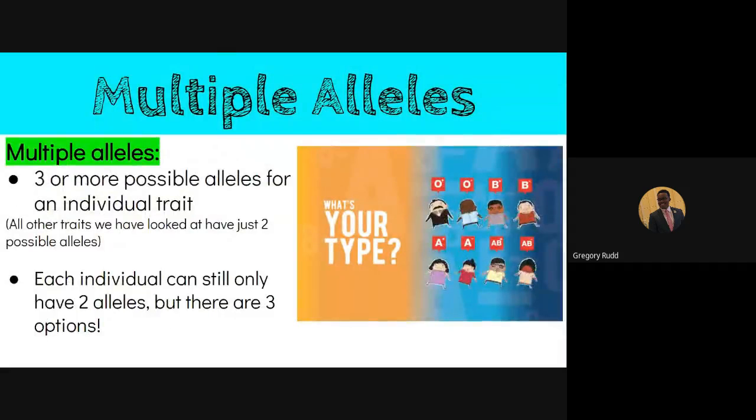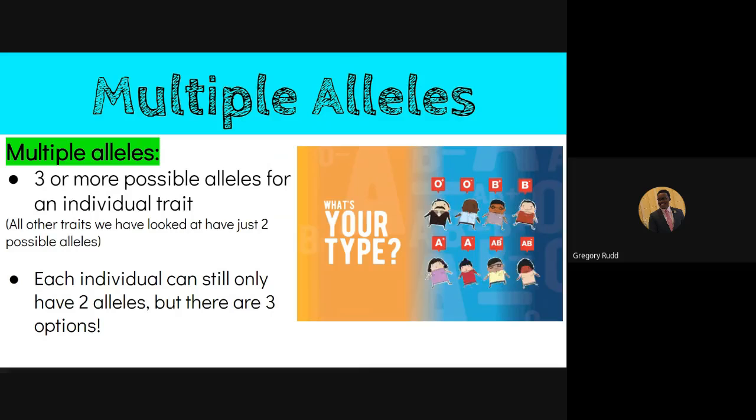All right, today we're introducing multiple alleles. There are some traits that require more than 2 alleles to determine.